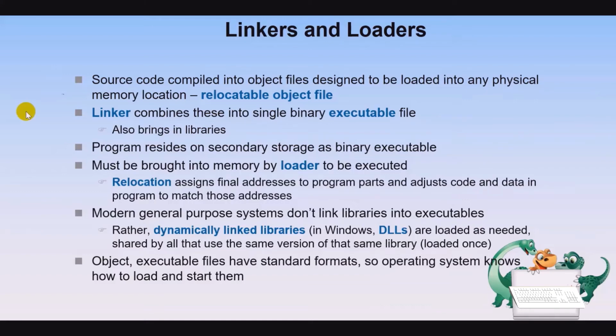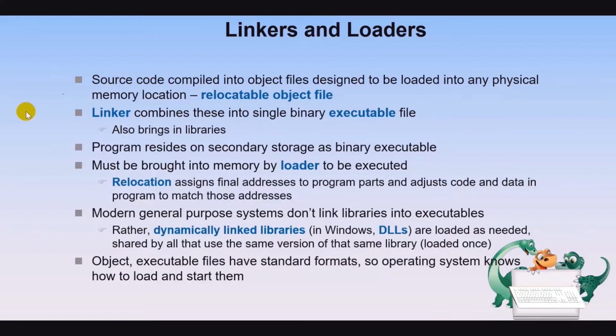The linker combines this into a single binary executable file and also brings in libraries. The program resides on secondary storage as a binary executable and must be brought into memory by a loader to be executed. Relocation assigns final addresses to program parts and adjusts code and data in the program to match those addresses.